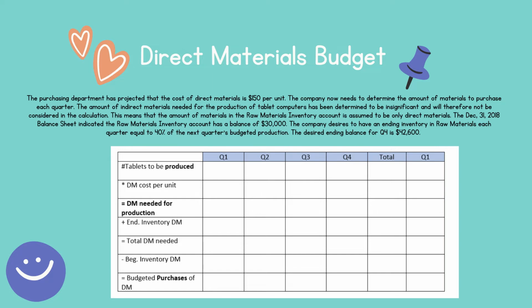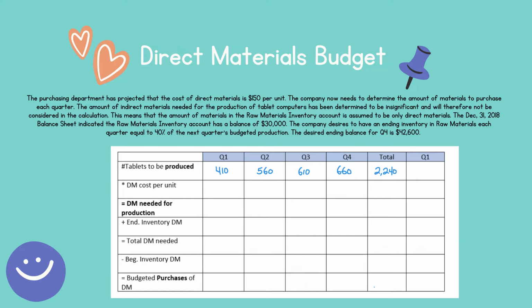From the production budget, again, I'm gonna get the numbers. In quarter 1, the number of tablets to be produced was 410. In quarter 2, 560. In quarter 3, 610. In quarter 4, it's 660. So the total will be 2,240.